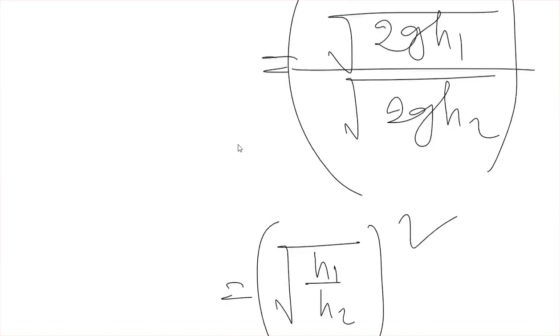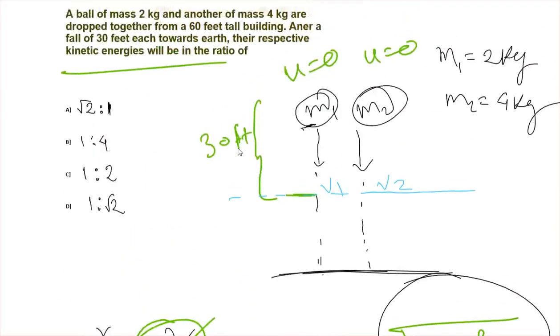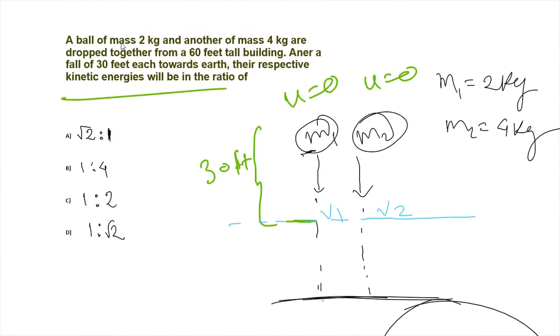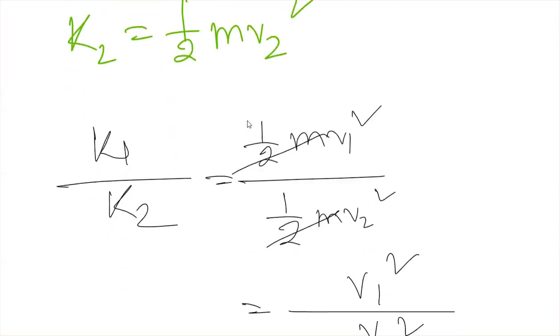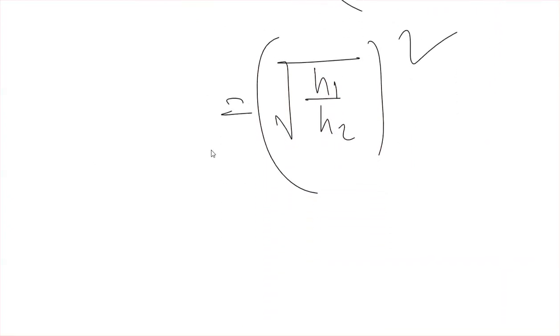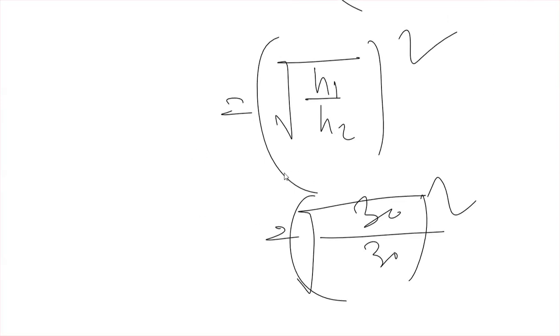So the height has been given as a fall of 30 feet each. Okay, so this will be 30 divided by 30, whole square. So that would be 1.